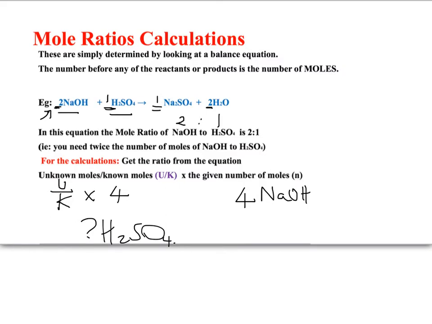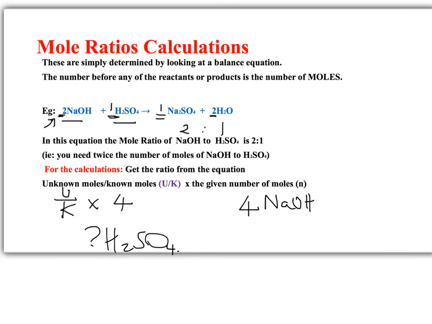So the unknown number of moles from the balanced equation, the unknown, remember, is your sulfuric acid, because that's what we're trying to find out, and our known is the sodium hydroxide, because we know we've got 4 moles of it.